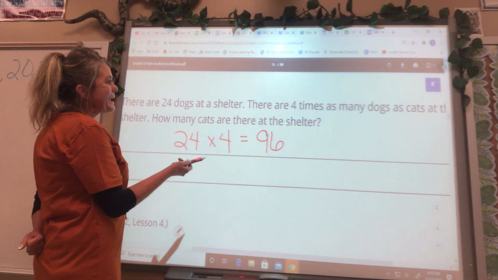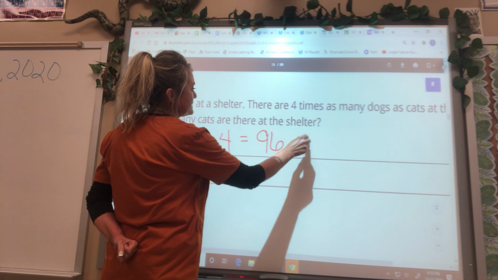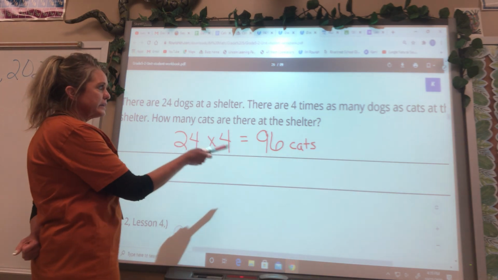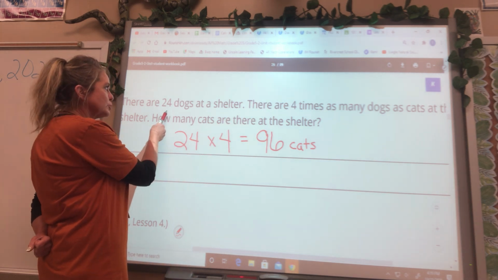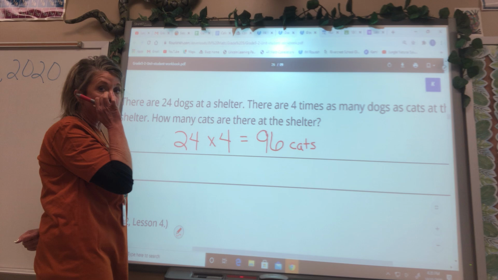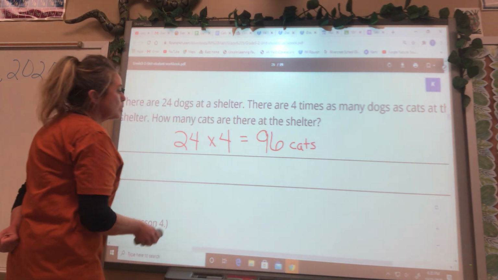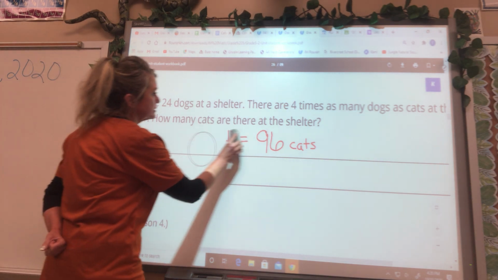It was asking me how many cats there are. And if I came out with 96 cats, and there's supposedly 4 times as many dogs as cats, and I only have 24 dogs, then I know that my answer of 96 is not reasonable. So I've used the wrong math operation.